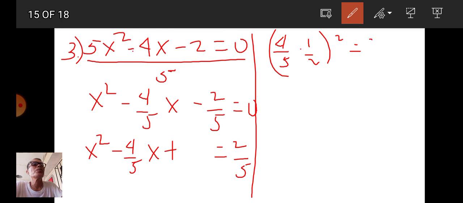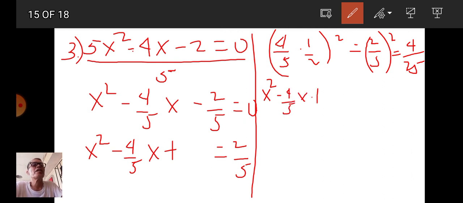You will have 2 over 5 quantity squared equals 4 over 25. So the equation now becomes x squared minus 4 over 5x plus 4 over 25 is equal to 2 over 5 plus 4 over 25.